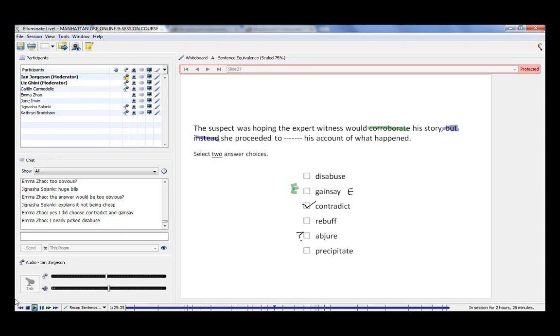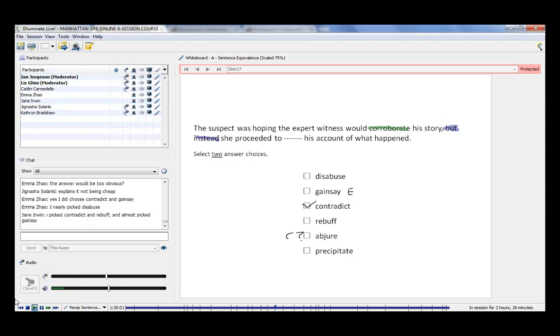I like that you nearly picked disabuse and didn't. Okay, and then Caitlin will put over here by abjure. Jane, you had a check mark. Did you pick contradict? And if so, what was your second? Almost picked gainsay and went with rebuff instead. Okay.